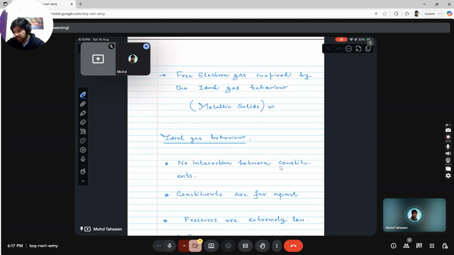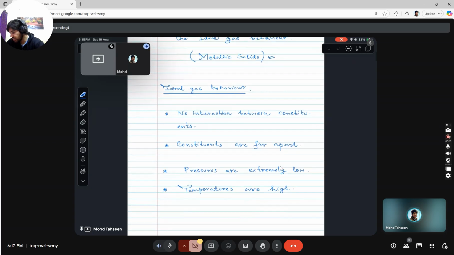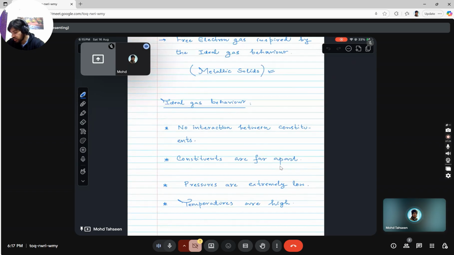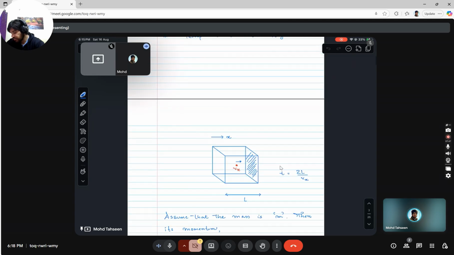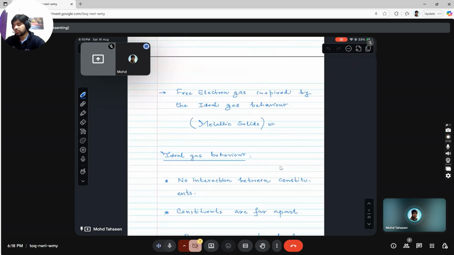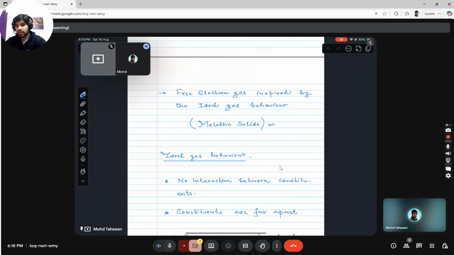The particles, that is the electrons, we assume to be non-interacting, and we make other assumptions for ideal gas behavior: there's no interaction between the constituents, and they are far apart. For ideal gases we basically assume that pressures are extremely low and temperatures are very high. That is what leads to the ideal gas behavior.